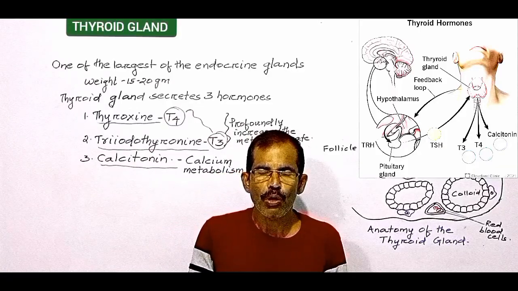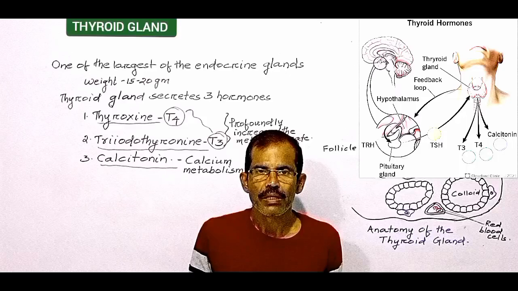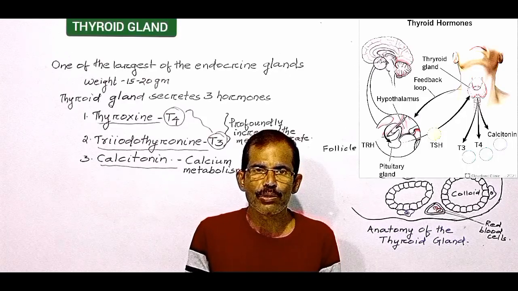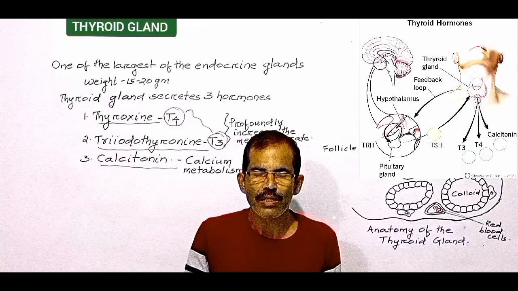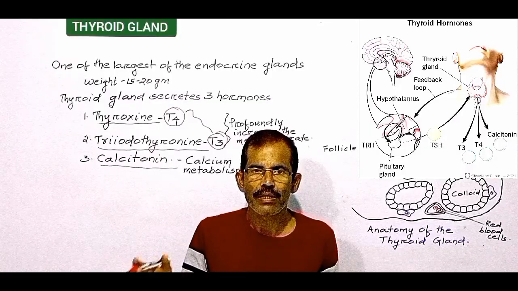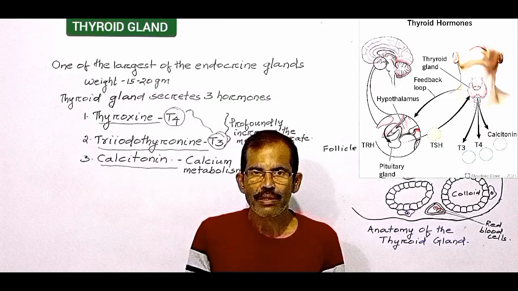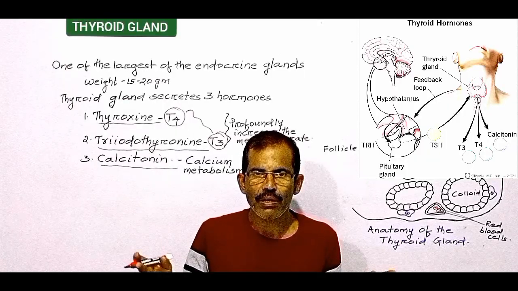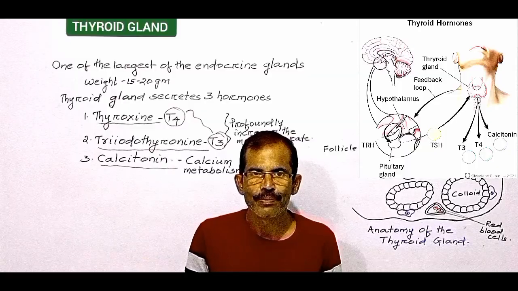However, almost all of the thyroxine is converted into triiodothyronine in tissues. T3 is more potent than T4. The thyroid gland has a blood flow that is about 5 times the weight of the gland each minute.